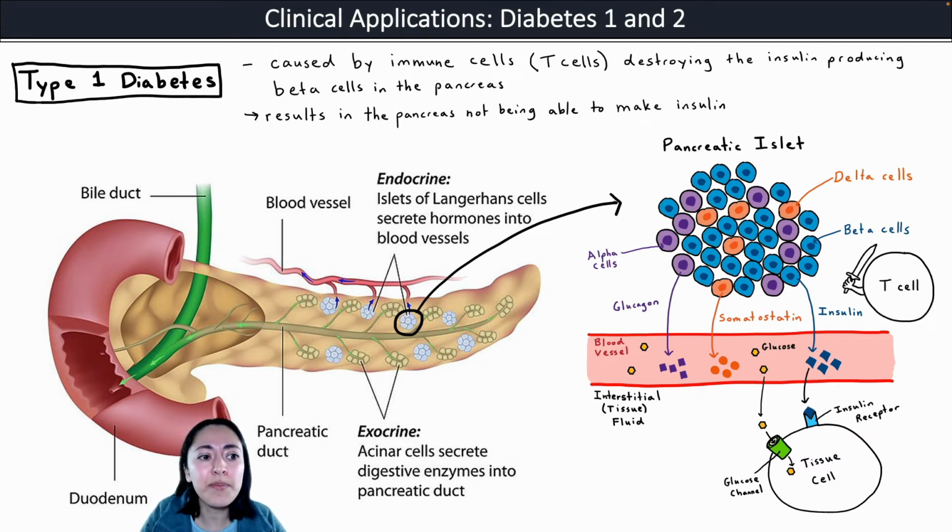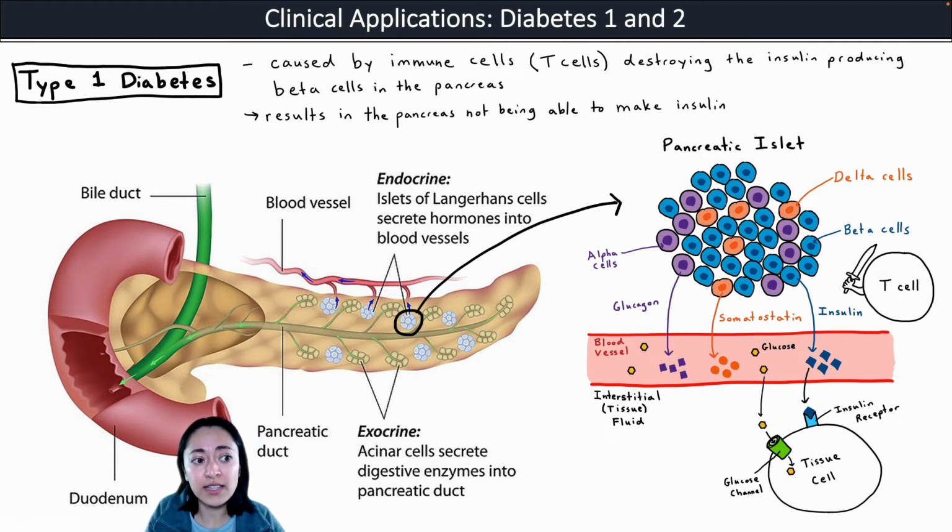Now, what happens if somebody has type 1 diabetes? We have special immune cells in our body called T cells that help to recognize foreign cells that might enter our body, like bacterial cells, or they can also help to identify cells that have become cancerous and things like that. Well, situations can happen where these T cells make a mistake and start thinking that your own body cells are something pathogenic or dangerous.